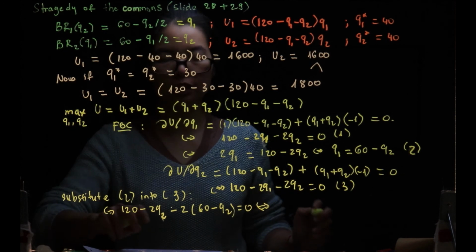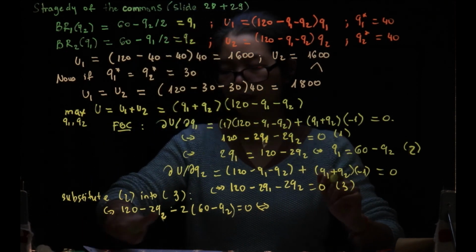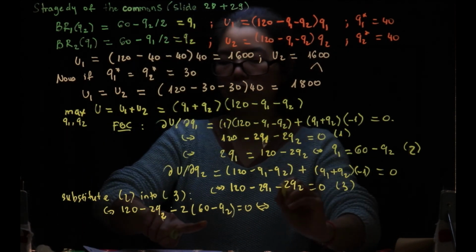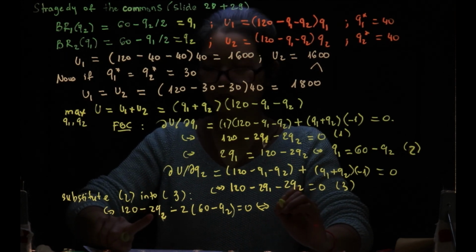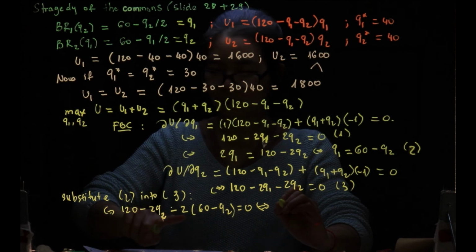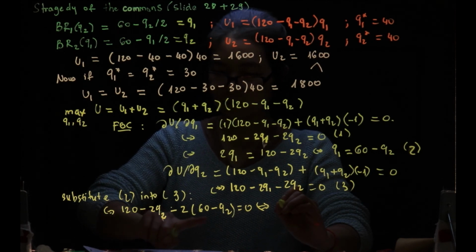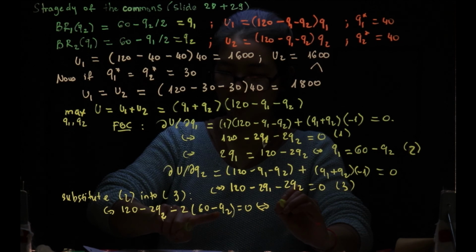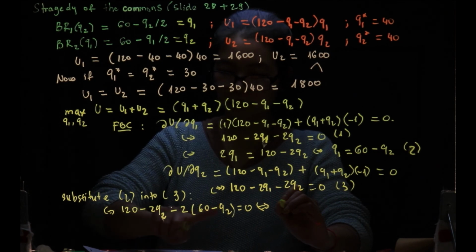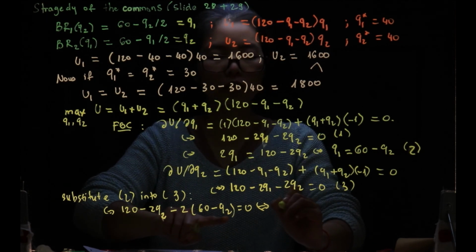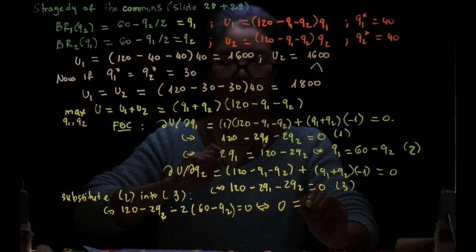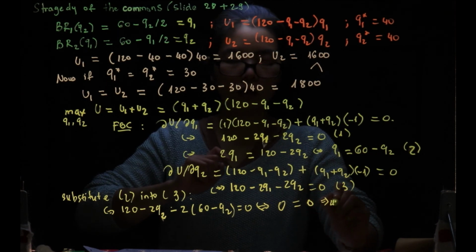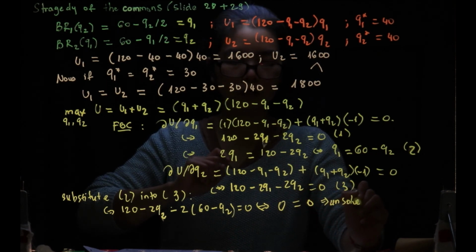And that means, let's simplify. 120 minus 2 times 60 is 120 minus 120, that's gone. And then minus 2Q2 plus, because minus times minus is plus, plus 2Q2, which is 0. So on the left hand side you have 0. On the right hand side you also have 0. Unsolvable.